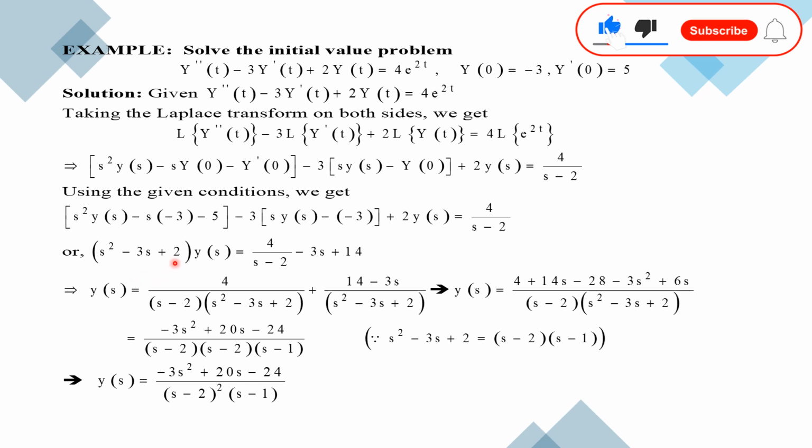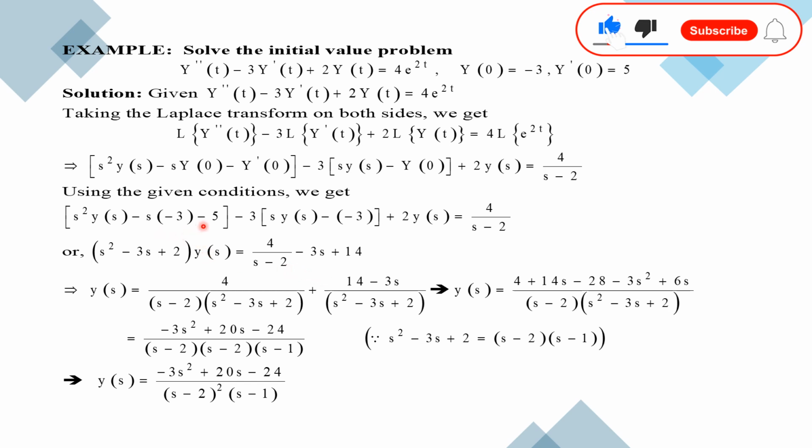Here taking the common Y of s, so s square is there. Another term of Y, this is a Y of s term, minus 3s is there, and here plus 2. Other terms take to the other side, or we can say add and subtract both sides. So we will have 4 over s minus 2.